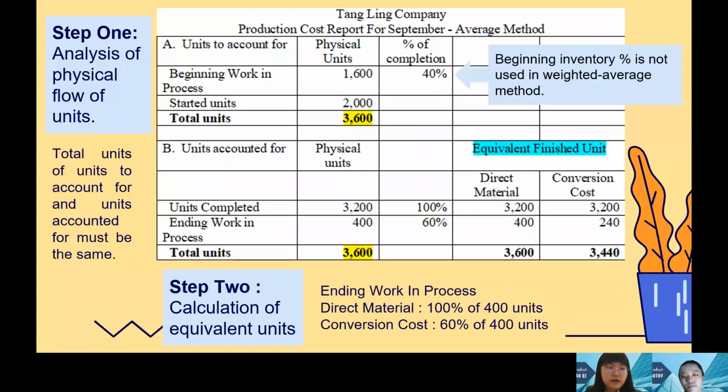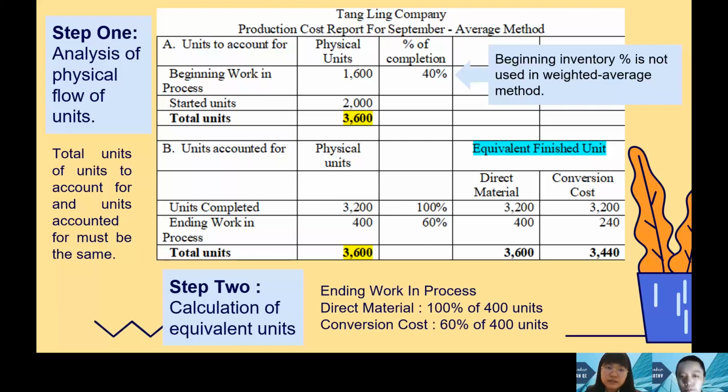First, analysis of physical flow of unit. We need to calculate the physical unit in A, unit to account for, and B, unit accounted for. The total of unit to account for in A and unit accounted for in B must be the same, which are highlighted in yellow color, 3,600.